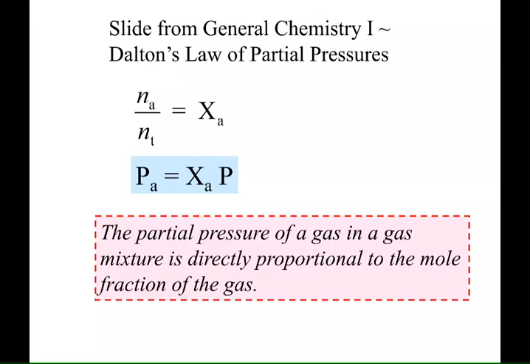So for each of these partial pressures, we could say, for instance, the partial pressure of A is equal to its mole fraction times the total pressure. Partial pressure B is equal to its mole fraction times the total pressure, etc.